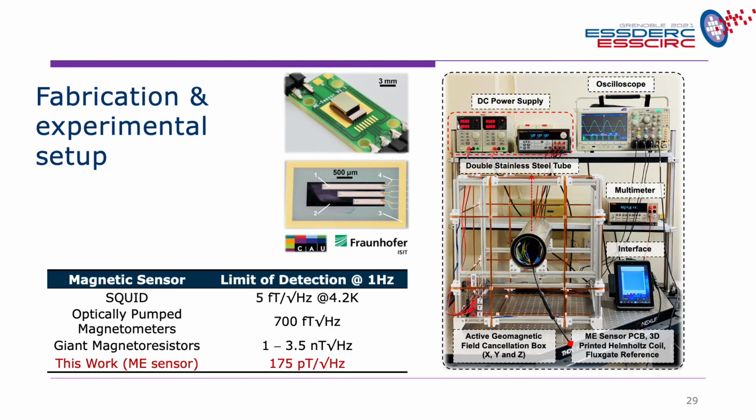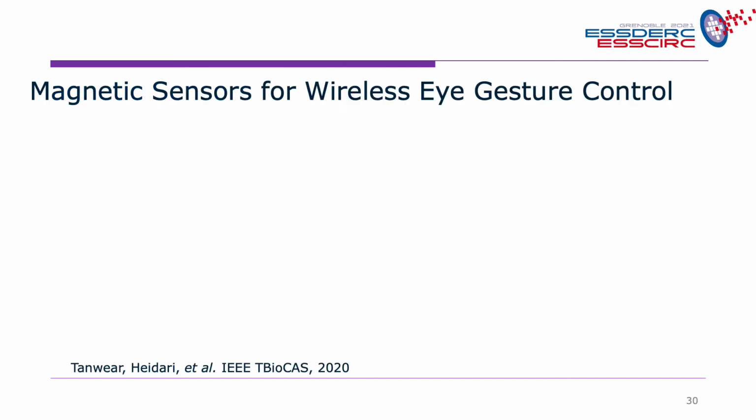Compared to other technologies like SQUID, optically pumped magnetometers (OPM), and giant magnetoresistors, this work, the magnetoelectric sensors, offers 175 picotesla sensitivity at room temperature, and it offers a much higher sensitivity compared to the giant magnetoresistors.